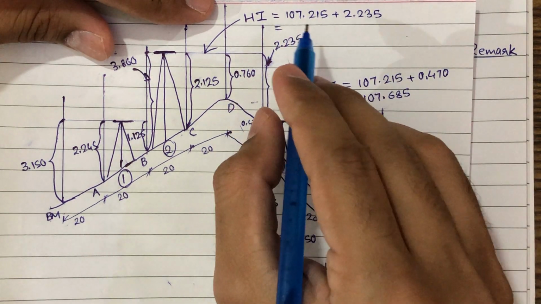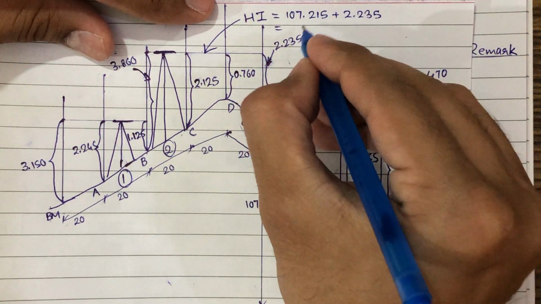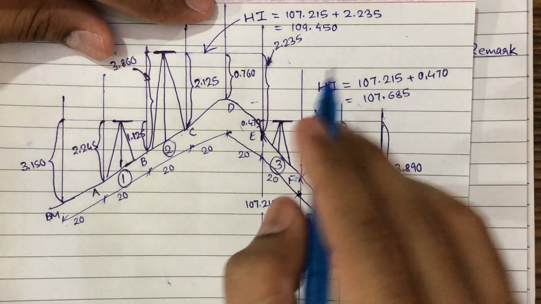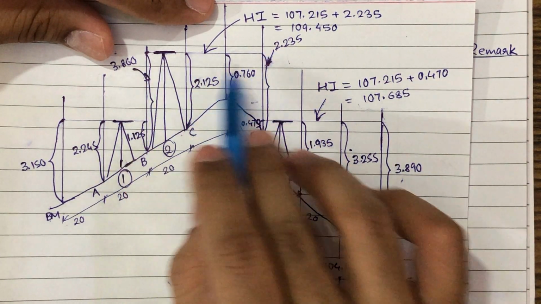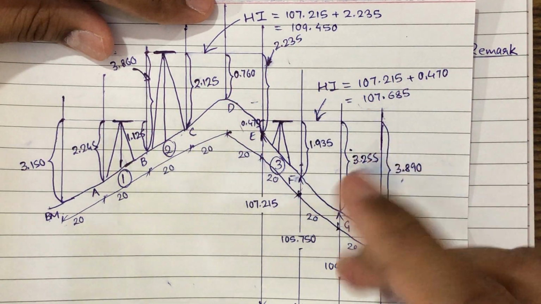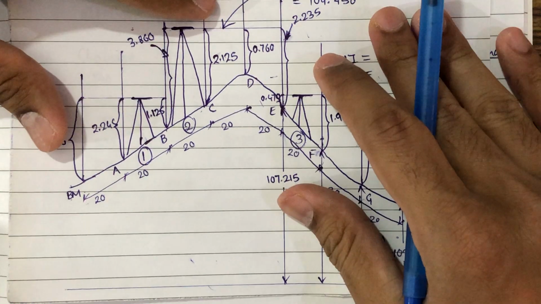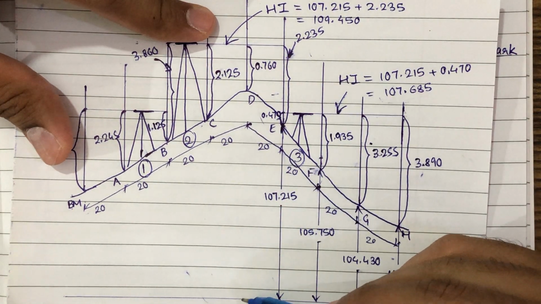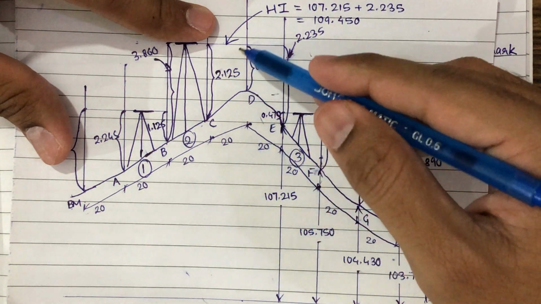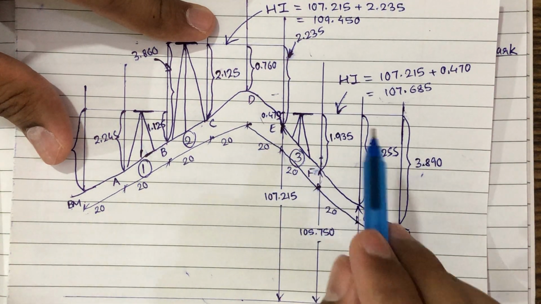So this HI comes out to 109.450. Okay, this HI, this is the HI line. This comes out to 109.450. Means this 109.45 is from the datum surface till the line of HI. This is the elevation.